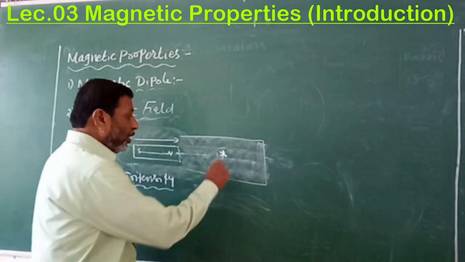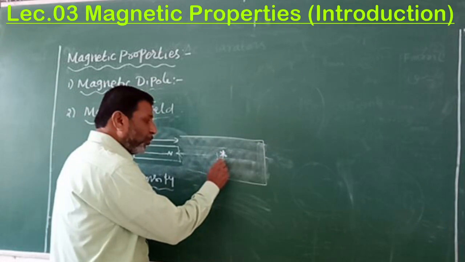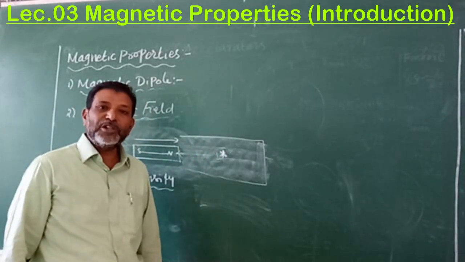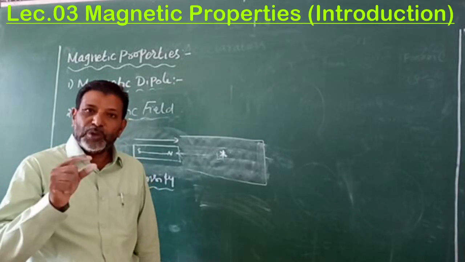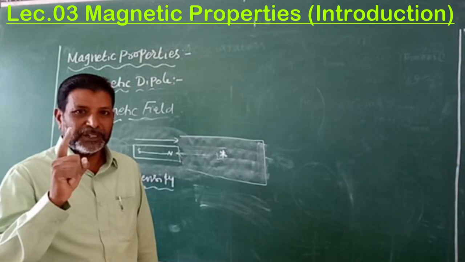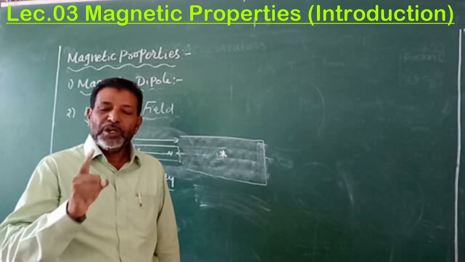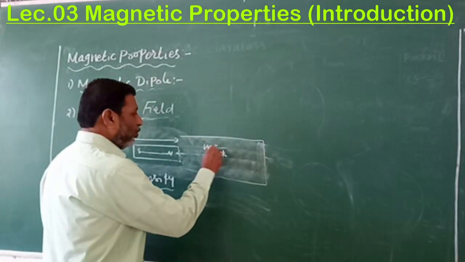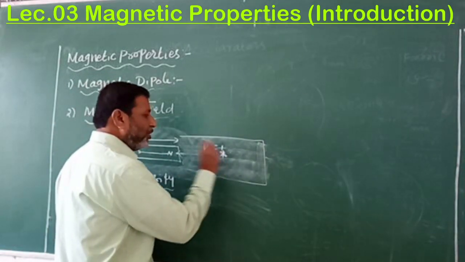You place a unit north pole here. A unit north pole means a north pole whose pole strength is 1 unit, that is, m equal to 1.